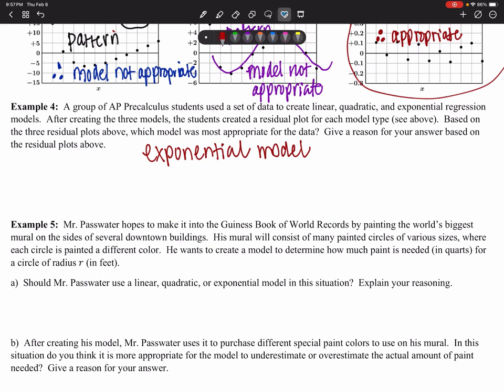Should Mr. Passwater use a linear, quadratic, or exponential model in this situation?